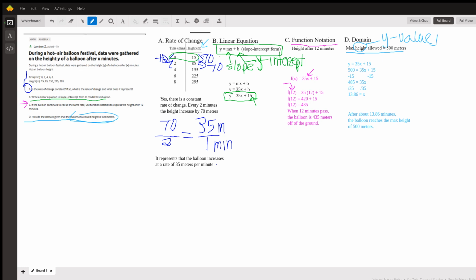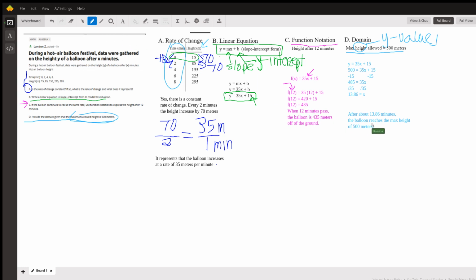We're almost done with this part D. The question was asking for the domain. Domain in math means all of your possible X values. So here, what are our X values? It's our time column. So basically, what is the lowest time measurement that we can have in here? And what is the highest time measurement? Because time can't be negative, obviously, our domain would start at 0 minutes, right?